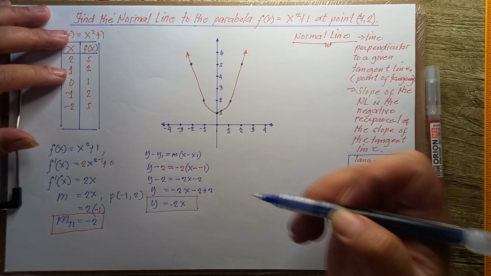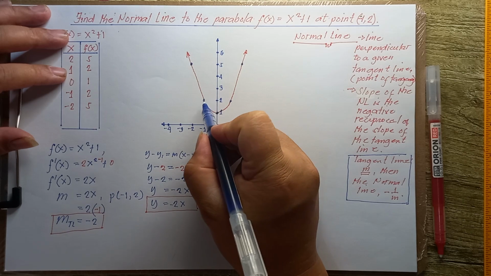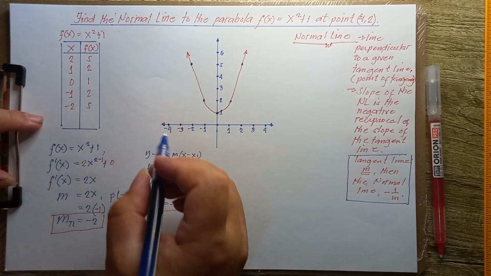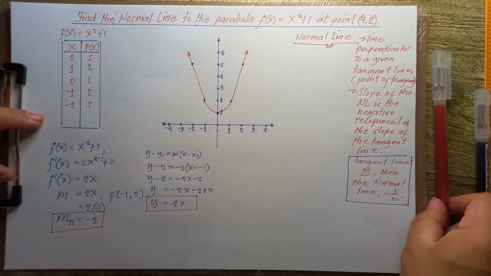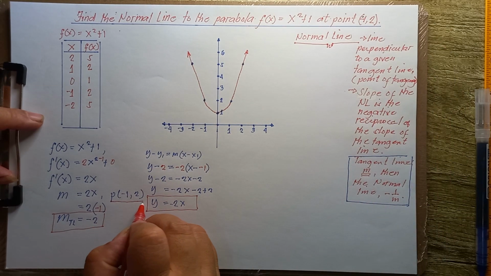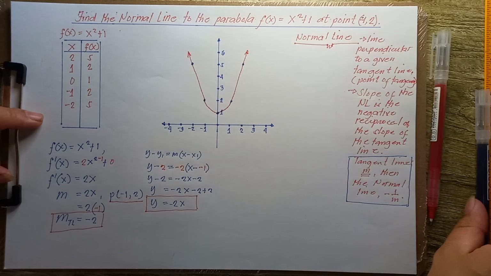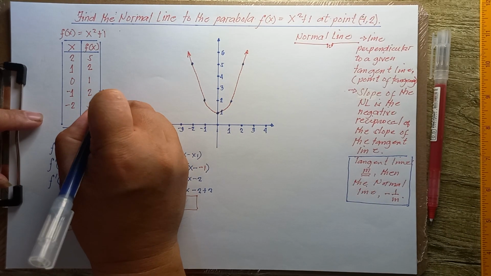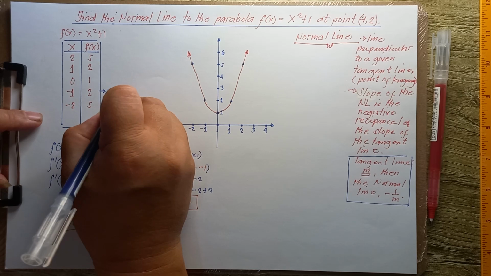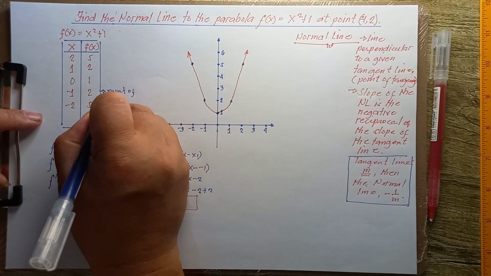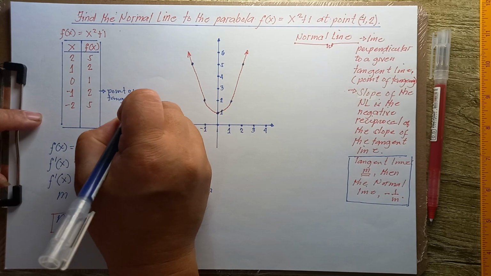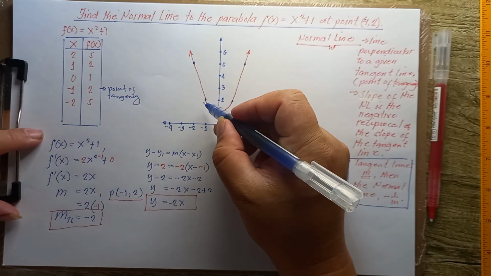Okay, notice that the point of tangency is in here. This is the point of tangency. Let's try to have the point of tangency, or in our table, our point of tangency is in here. Okay, so notice the location is, we have in here.